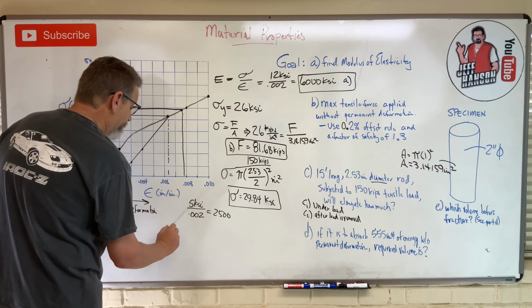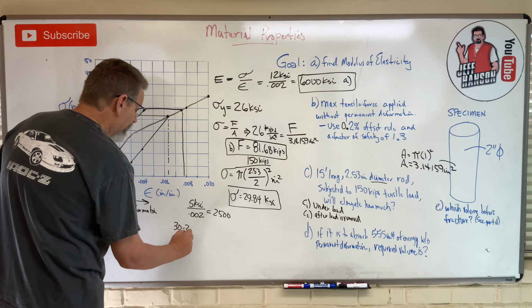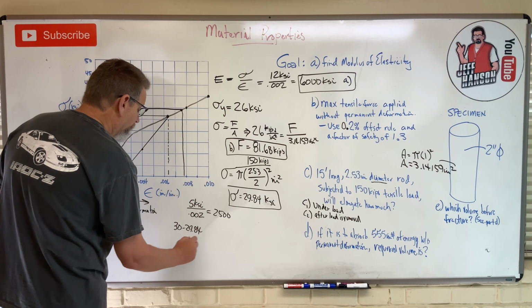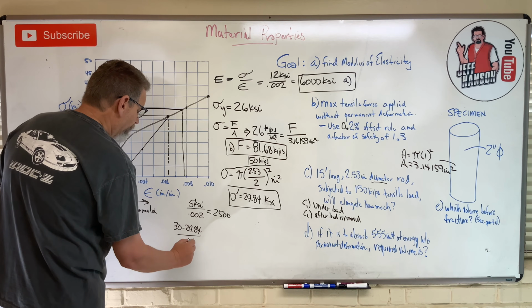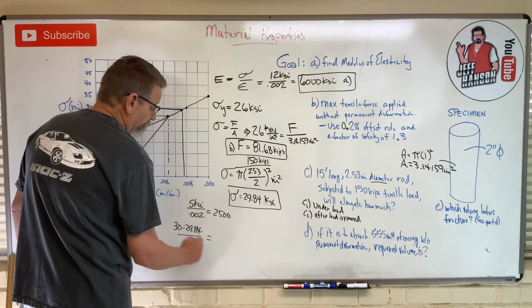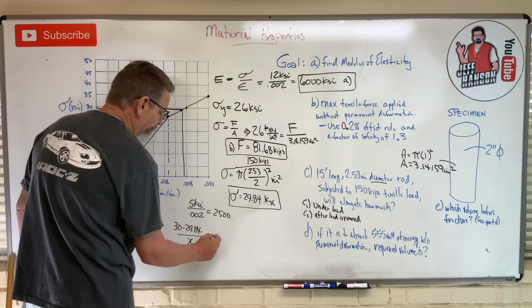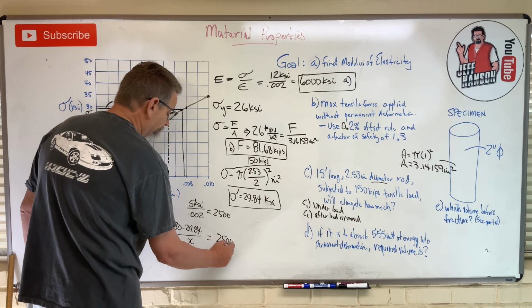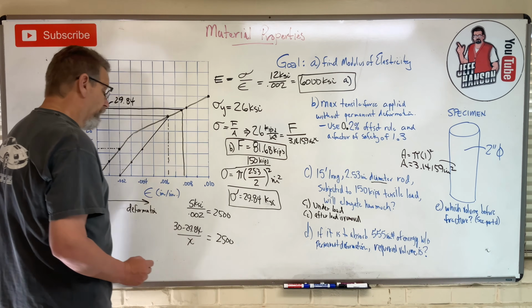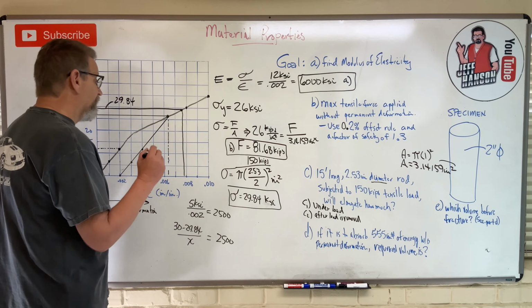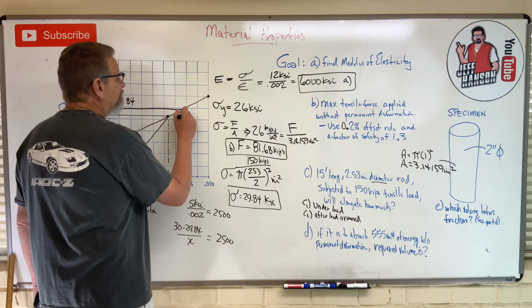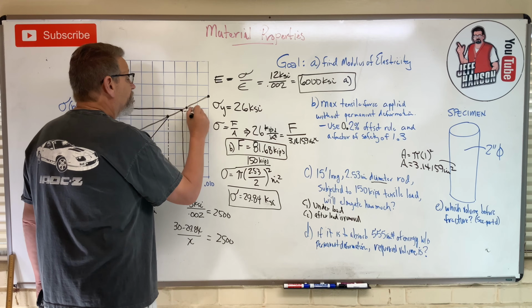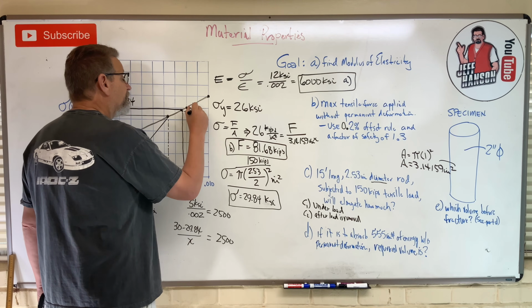So the difference between that, right? So we're going to do this. We're going to do 30 minus 29.84 is to, I don't know, as 5 was to 0.002 or 2,500, okay? And so what is X? And now X, what is that going to do? That's going to give us, X is going to be this little distance right there, okay?